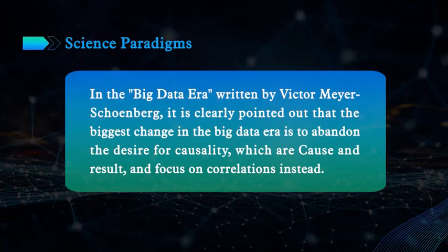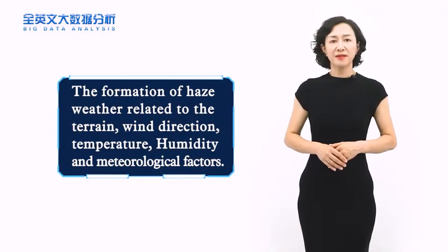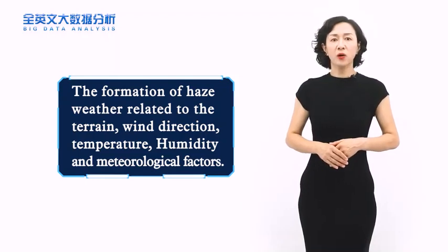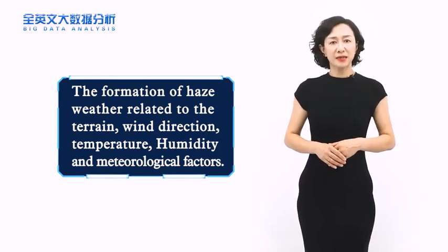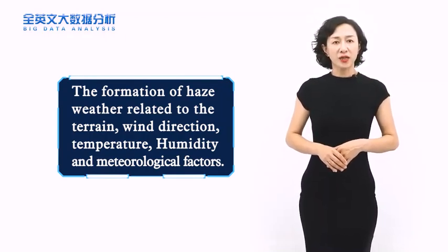biggest change in the big data era is to abandon the desire for causality, which is cause and result, and focus on correlations instead. According to the existing mechanism understanding, the formation of haze weather is related not only to the chemical composition of the source atmosphere, but also to the terrain, wind direction, temperature, humidity, and other meteorological factors.